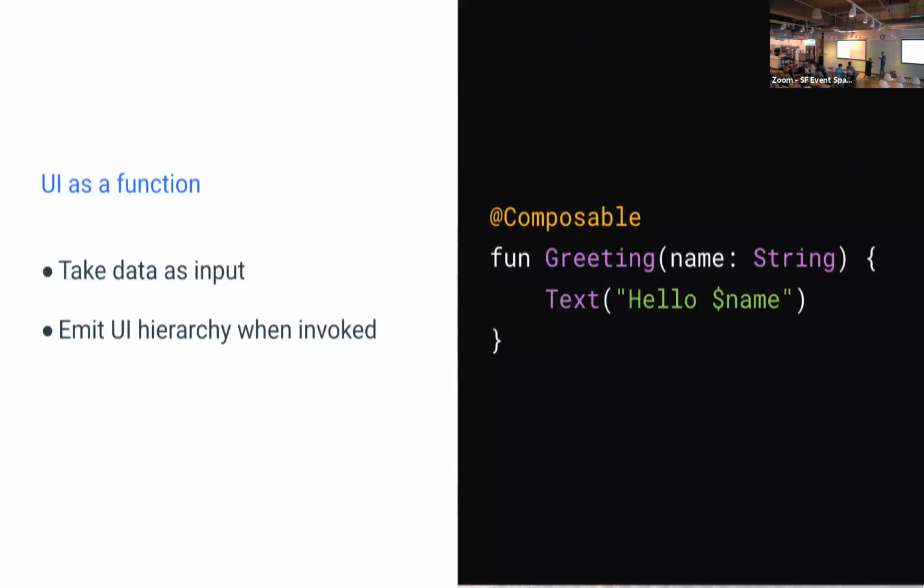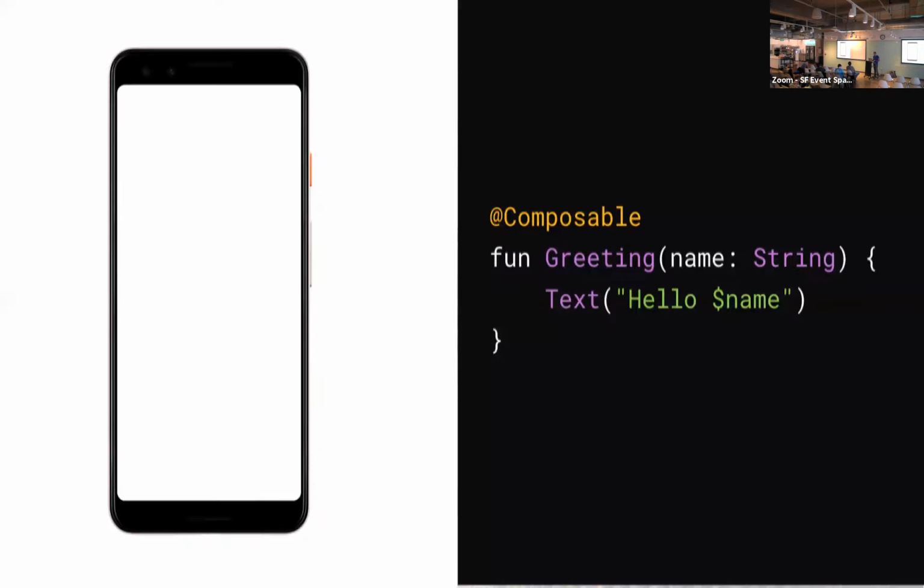This is an easier way to understand how the data will be taken as an input, which is the name here, and how the UI hierarchy will be invoked, which is a text box here. So when we run this, we will get a UI with a minimal amount of code.